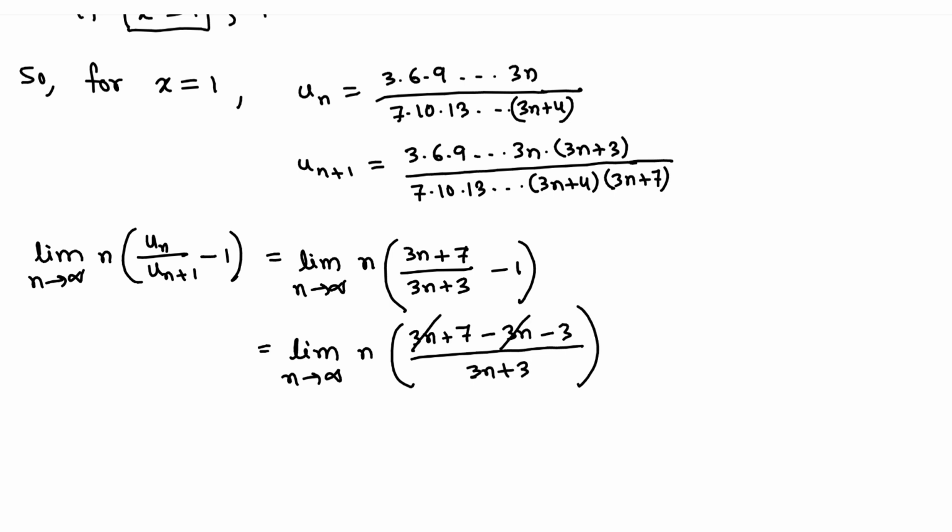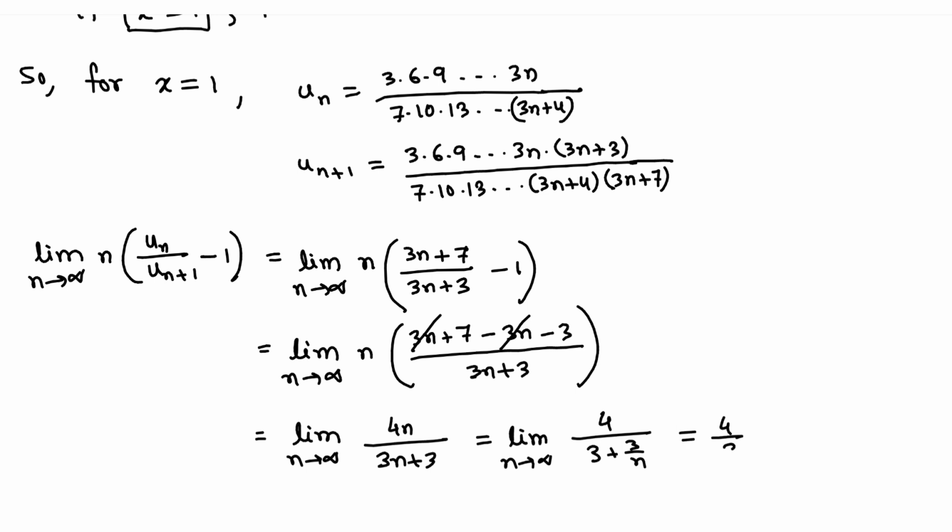So 3n cancelled, and 7 minus 3 is 4. 4 into n, so you are getting 4n divided by 3n plus 3. Now divide by n. So this will be limit n tends to infinity 4 by 3 plus 3 by n. Now limit n tends to infinity 3 by n will be 0 and the answer is 4 by 3.